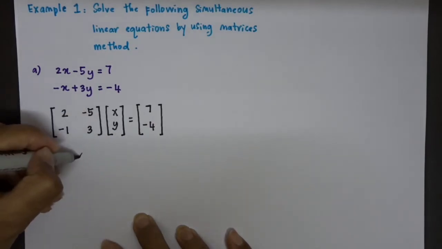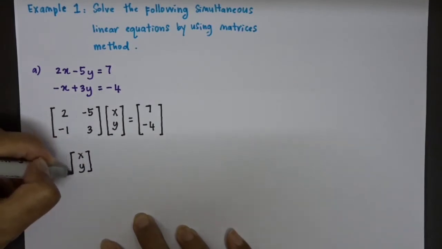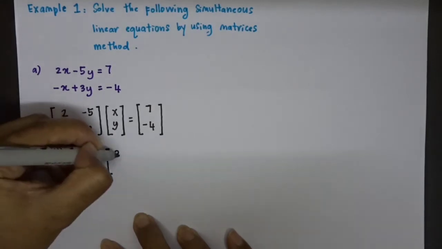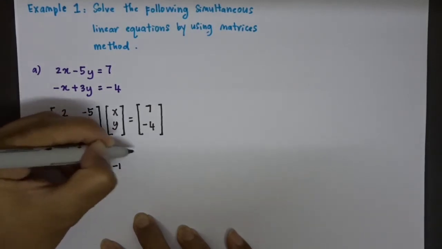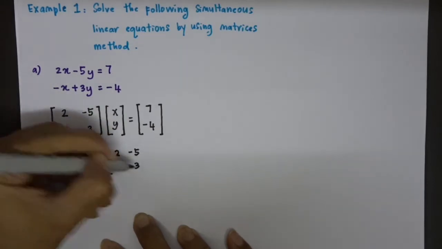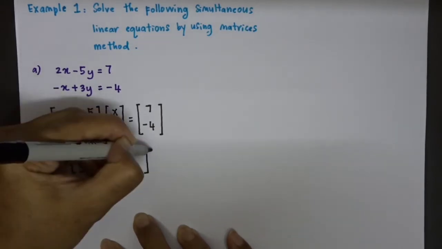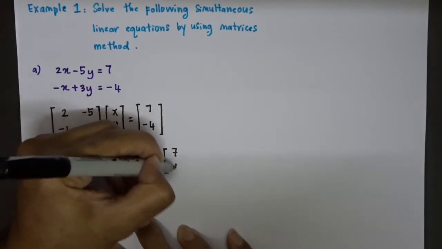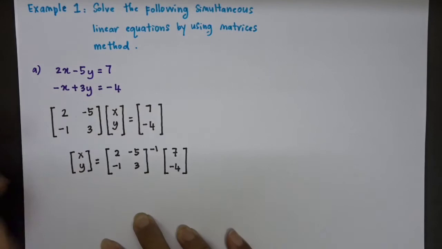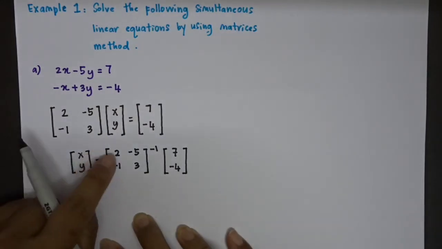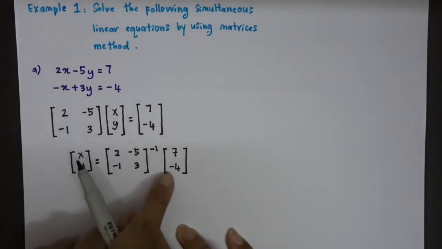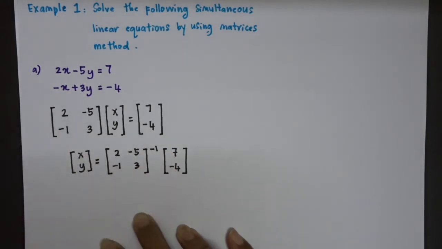So you will have x, y equal to the inverse matrix of matrix 2, negative 5, negative 1, 3, multiplied by 7, negative 4.